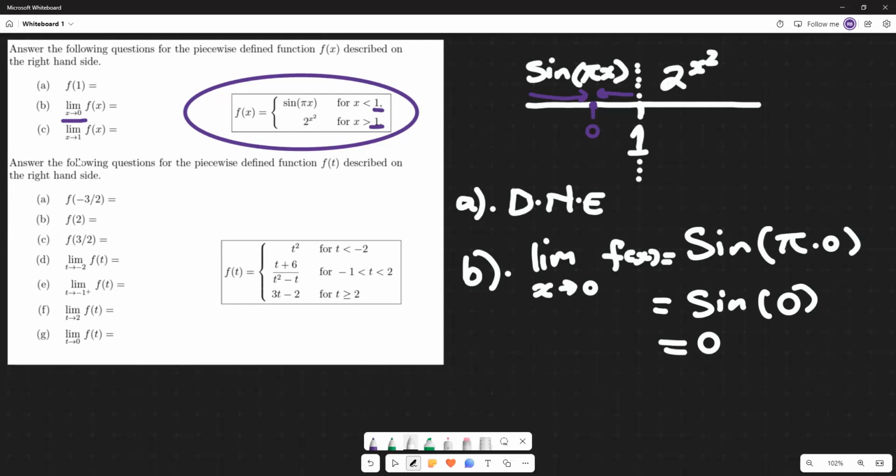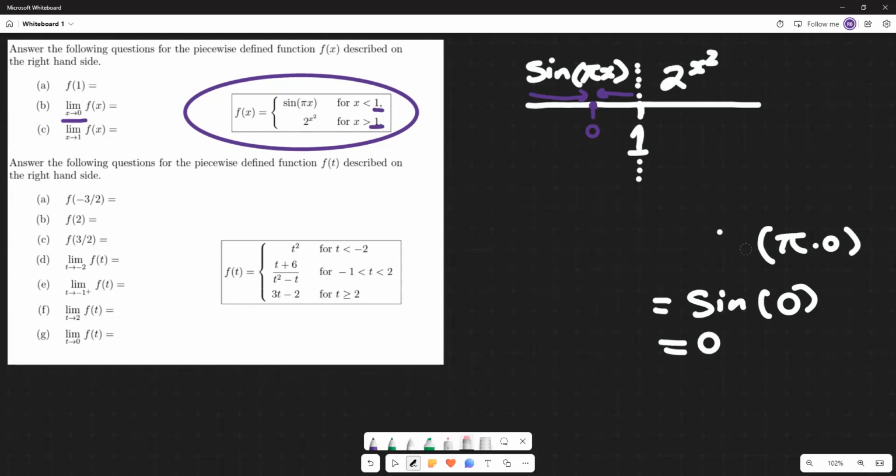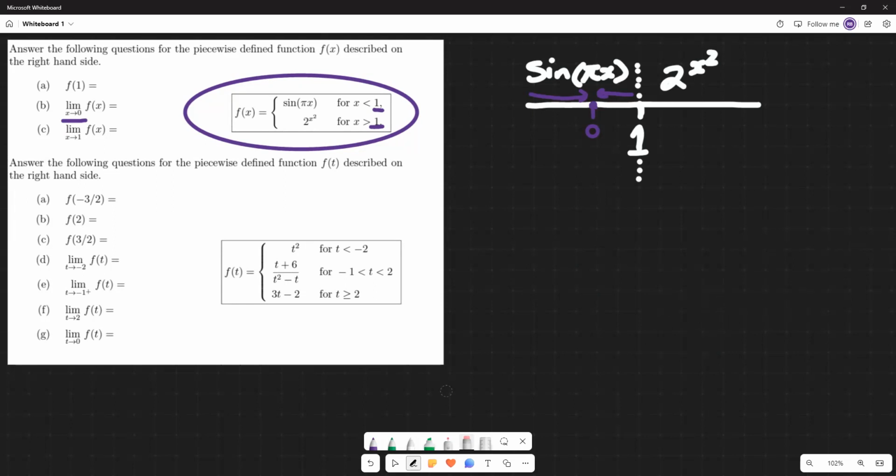On C, we have the limit as x approaches 1. So I'm going to check both the left and the right hand limit to see if it exists indeed. So the limit as x approaches 1 from the left of f of x, we want to see the answer.